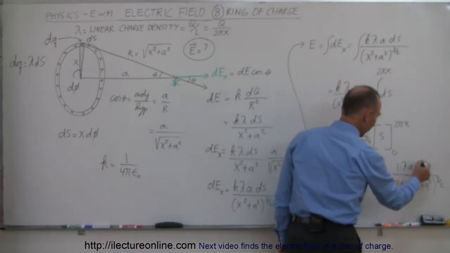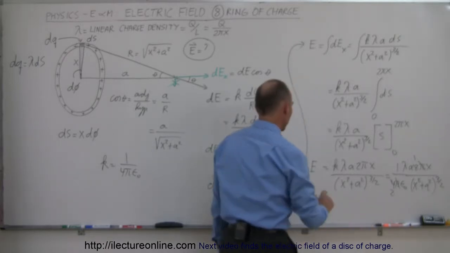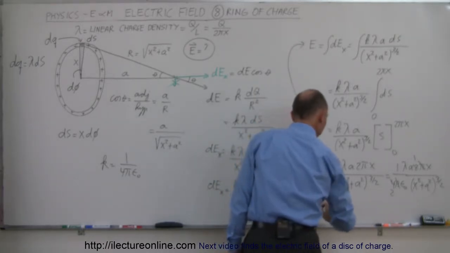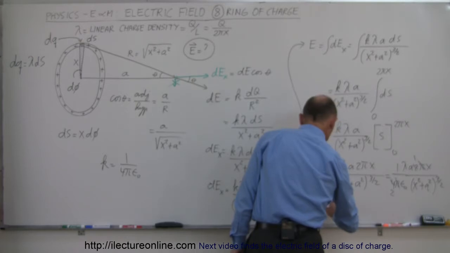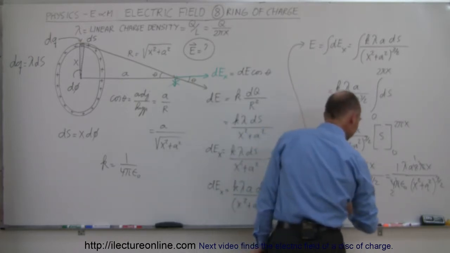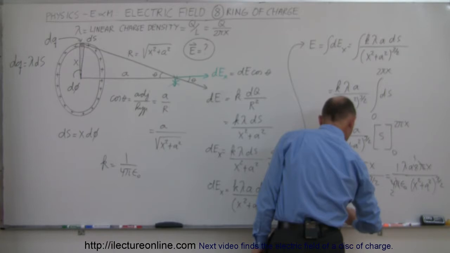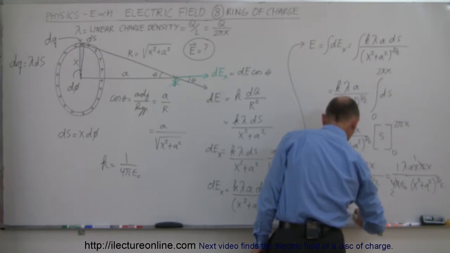And then you can see that the pi cancels out, and this 2 and that 4 cancel out to that. And in the end, you could write it as E is equal to lambda a x divided by 2 epsilon sub naught times the quantity x squared plus a squared to the 3/2 power.